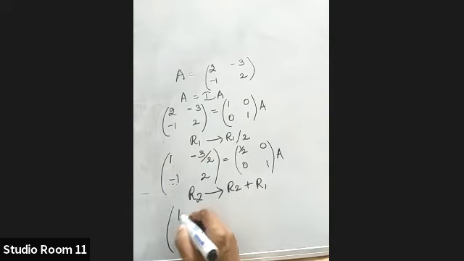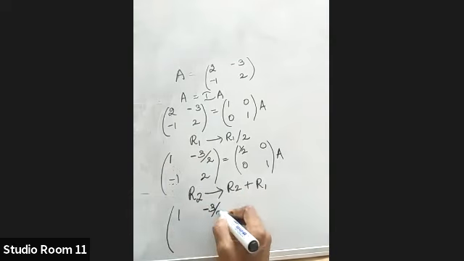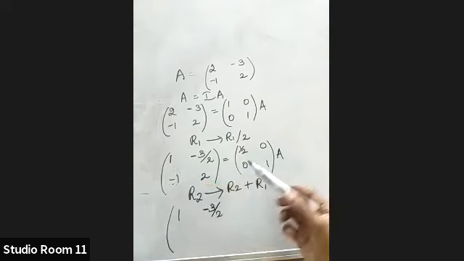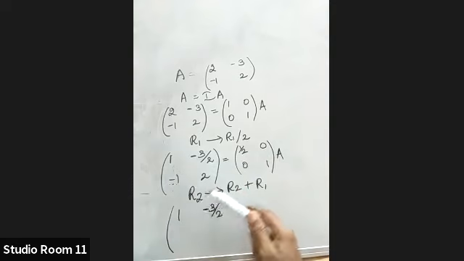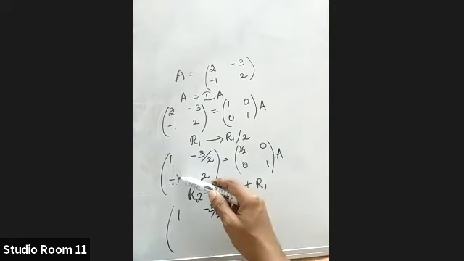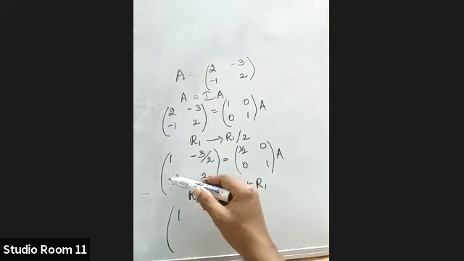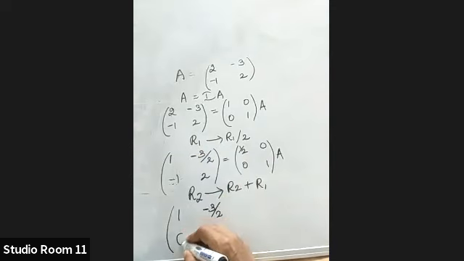First row, no change. The change is happening in the second row. We add the corresponding elements of the first row: R2 gets R2 plus R1. So -1 plus 1 is 0.